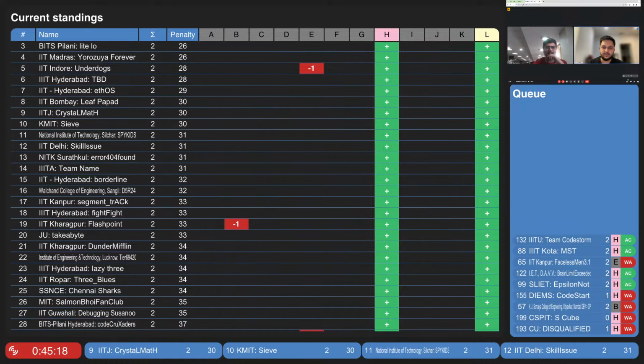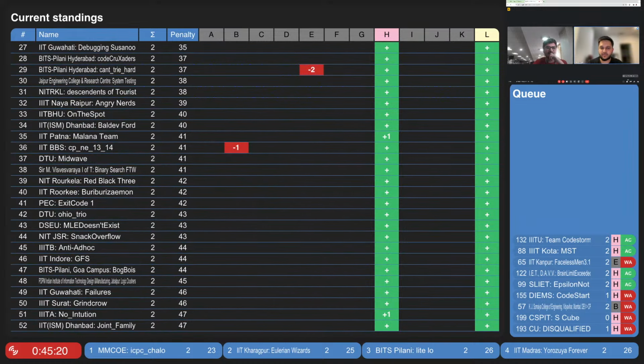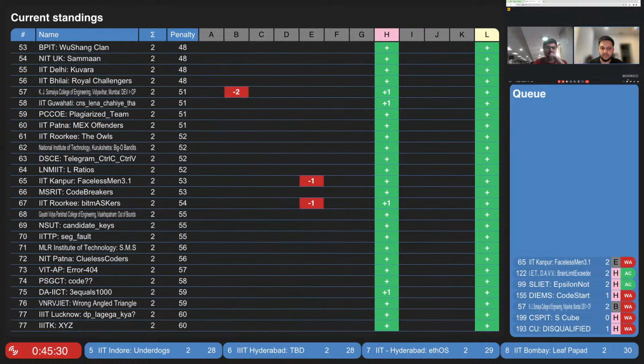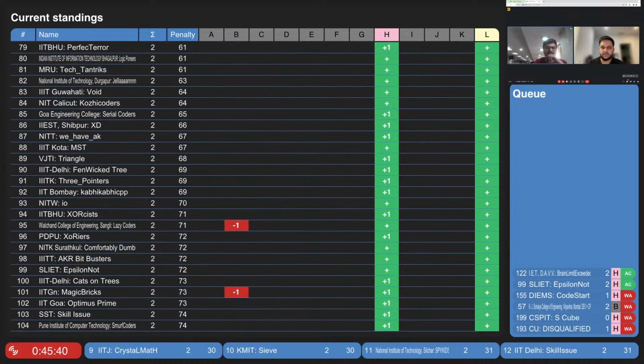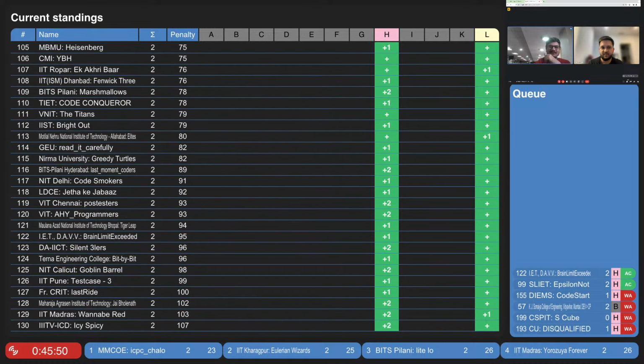Although we believe it should be solved by plenty of teams, I think it's easy to mess up if you are not accurate. One good thing is that Amritapuri regional has a lot of teams, so I'm hopeful we will have some activity on the scoreboard a lot of times.